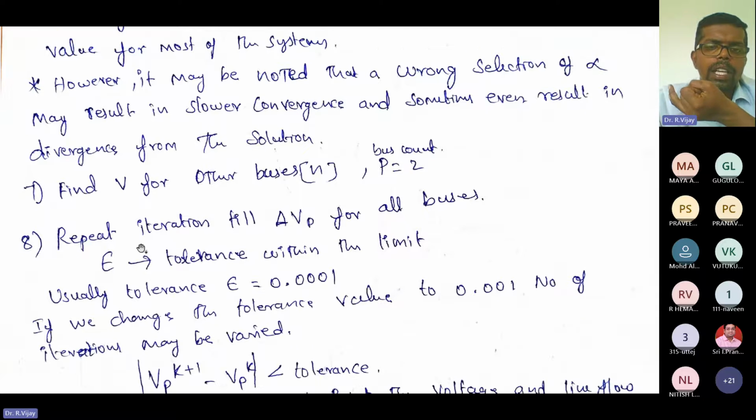Next, you need to set the tolerance limit. The tolerance limit is zeta. You can choose the tolerance limit as 0.0001. This is also a user-defined tolerance limit; you can set any tolerance limit, even 0.1.